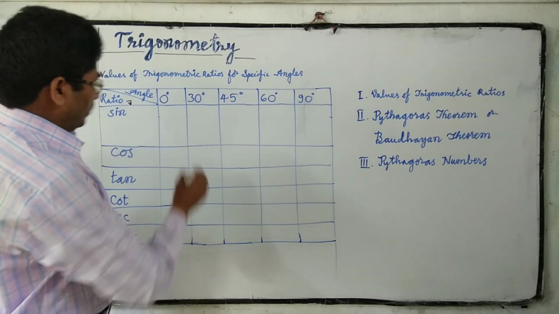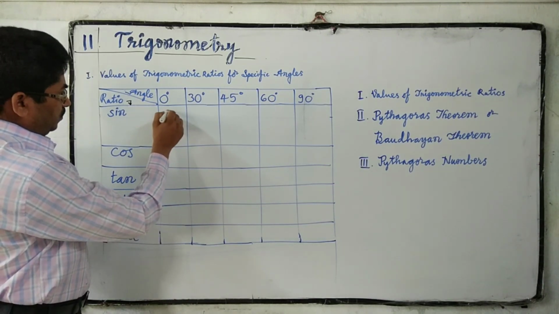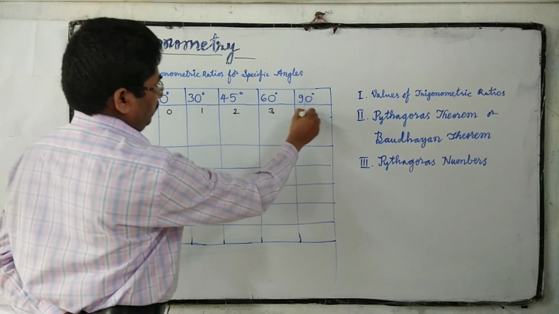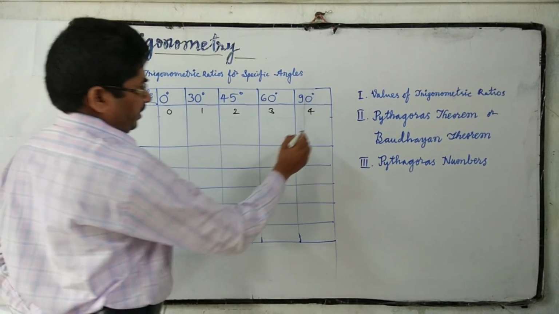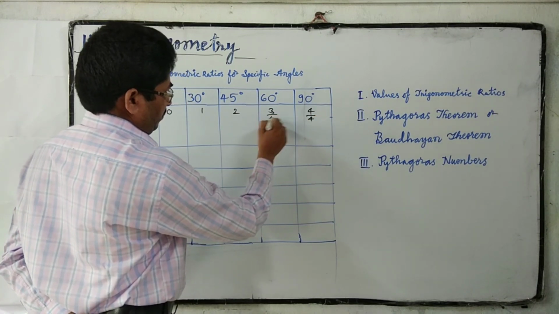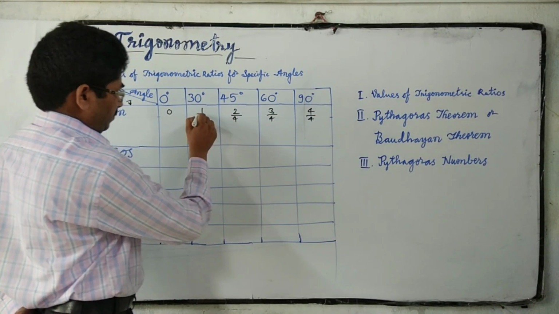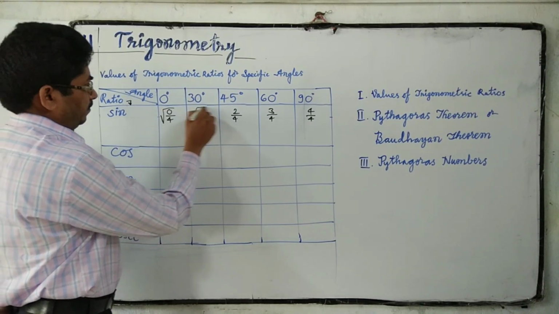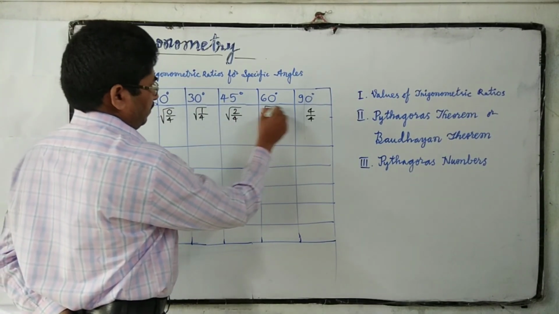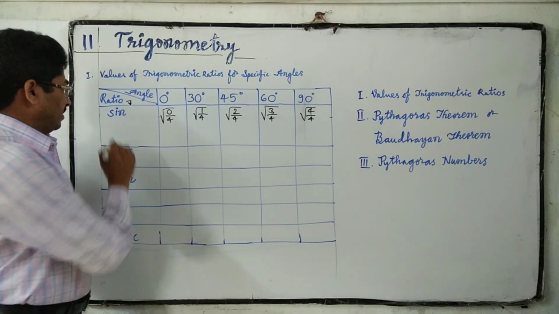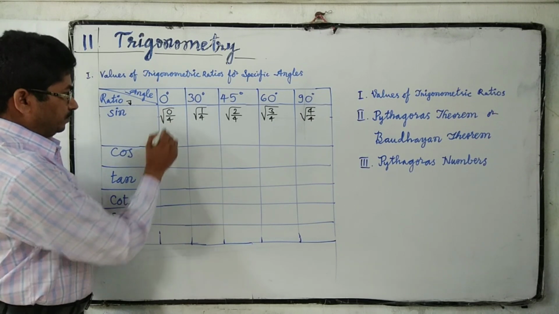First we have to write 0, 1, 2, 3, 4. Divide this by 4. Apply square root. Then we can find the sine values.